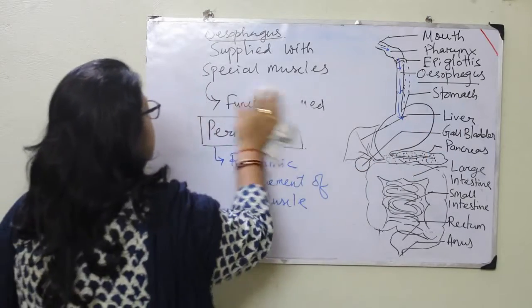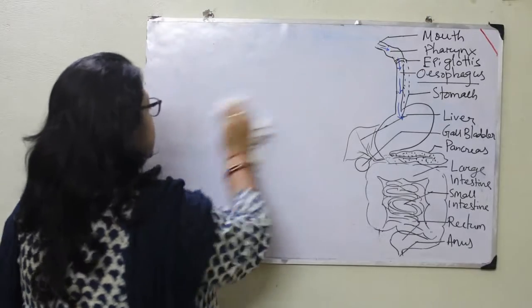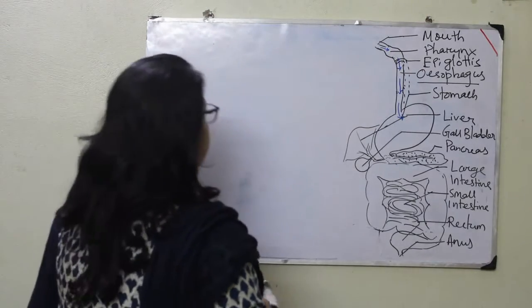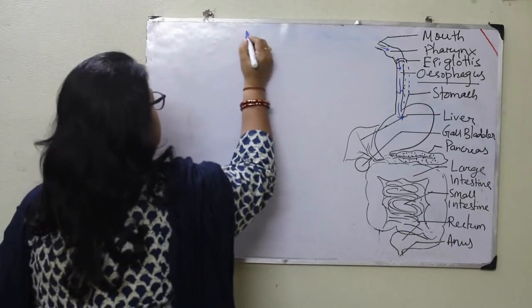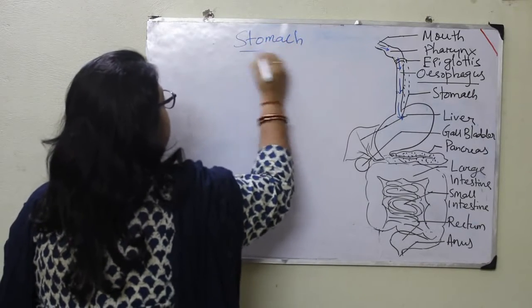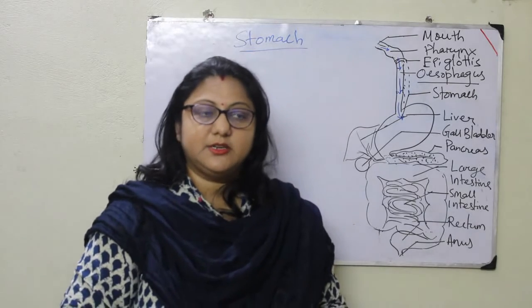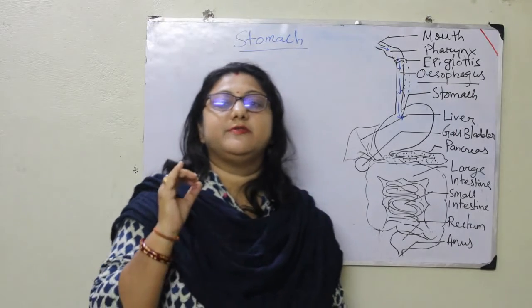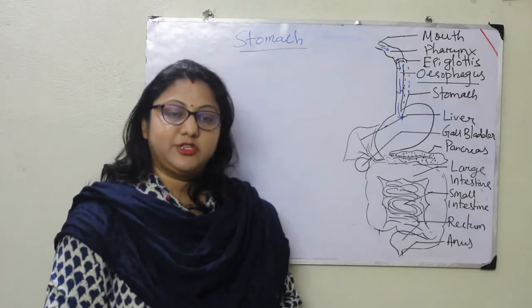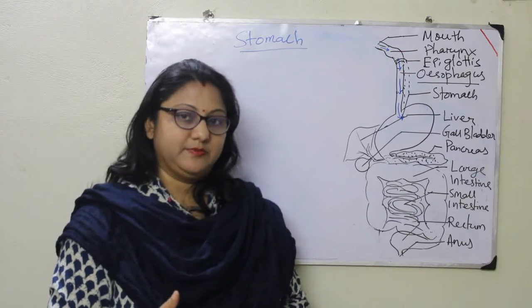Clear? Okay. So stomach is a bag-like structure, sac-like structure. Okay? It's a muscular sac-like structure which stores the food for some time and carries out a partial digestion. Clear?